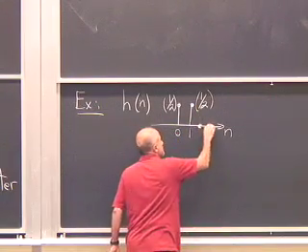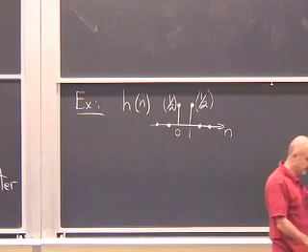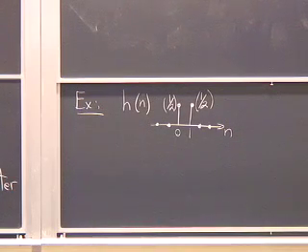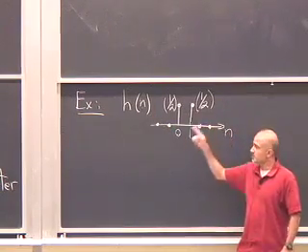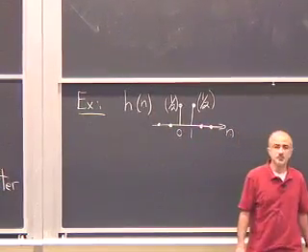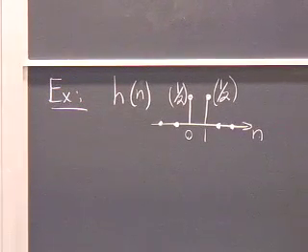And it's 0 everywhere else. Okay? You should have no trouble converting these variables to the dummy variable k or l when you plug this into the convolution expression. So here's what I want you to do with this.